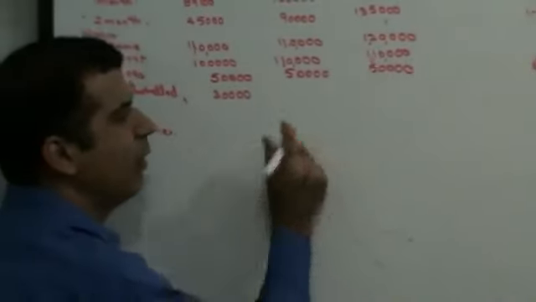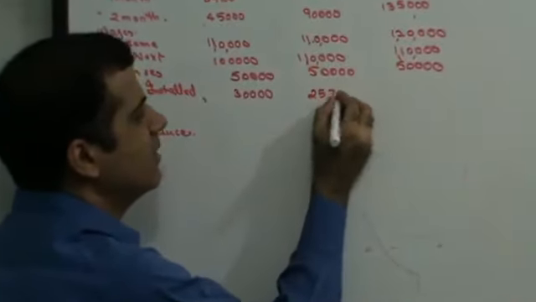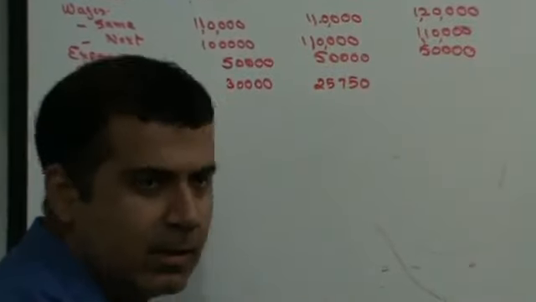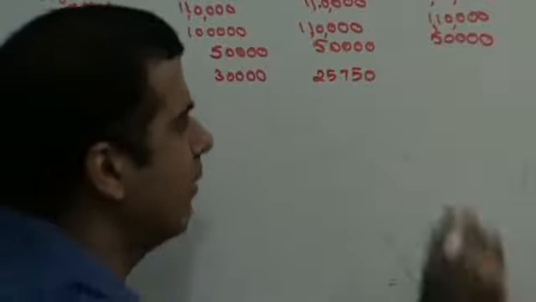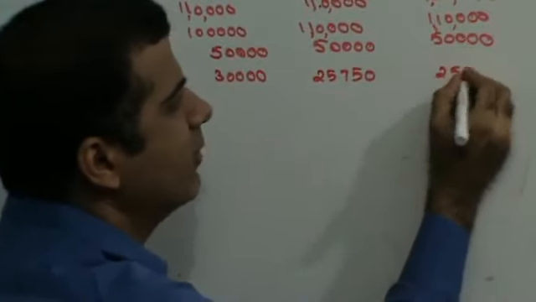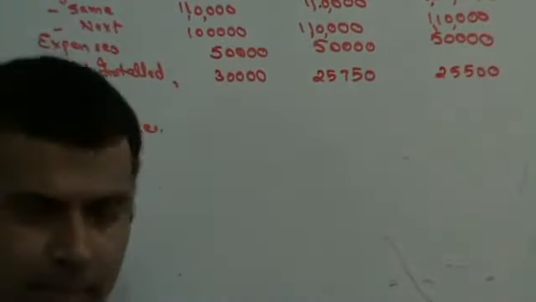For the month of March, my interest is going to be 500. So when I pay, guys, see this. In the month of Feb, I will have to pay 25,000 for the plant and 750 for interest. So 25,750. Similarly, in the month of March, 25,000 is my installment and 500 is interest. So 25,500 I will pay.